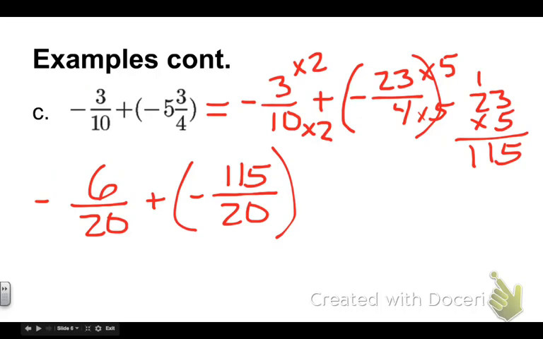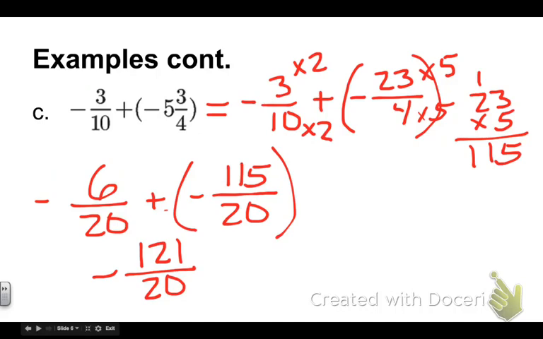And then look what you have. You are adding a negative, which means subtraction, sorry. They are the same signs, so you are adding them together. It's 6 and 115, which is going to give you a negative 121 all over 20.